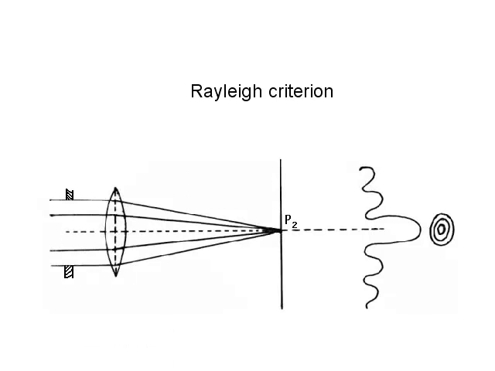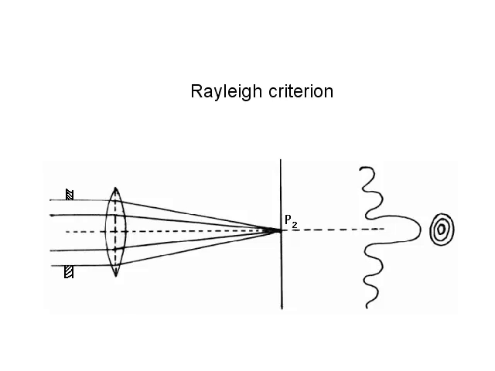Let us study Rayleigh's criteria. When we look towards very small objects, very close to each other, with unaided eye, they appear to be one. But when such objects are observed through a microscope or a telescope, they appear distinct, and we say that the images are resolved or separated.